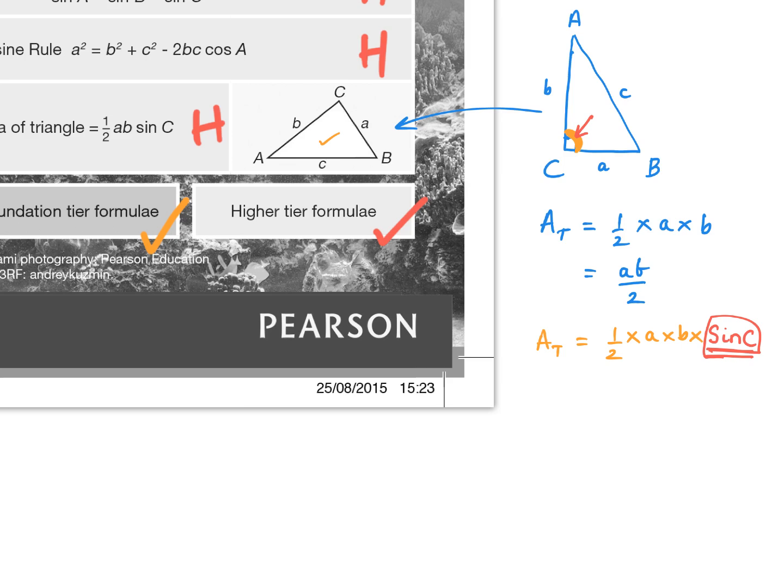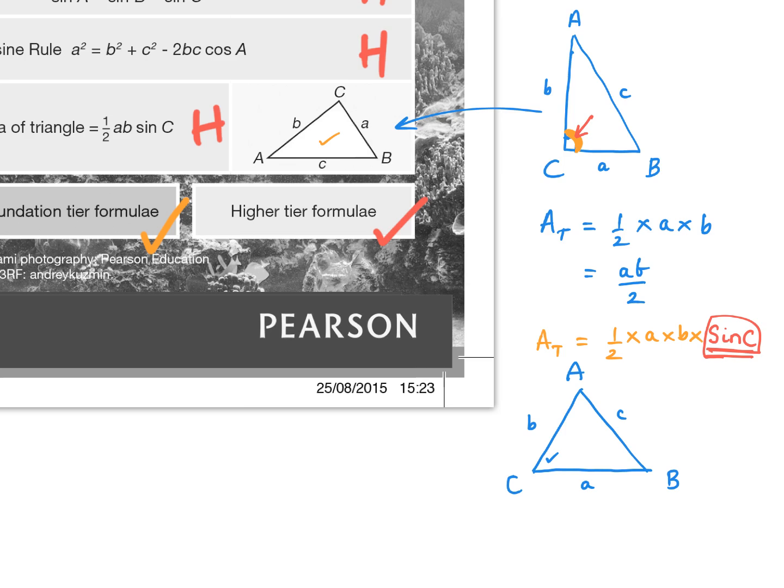So if we took a triangle like this, which definitely doesn't look right angled this time, and I labelled it the same, and let's just label these sides here, and let's just use this angle. We could use any angle we like.